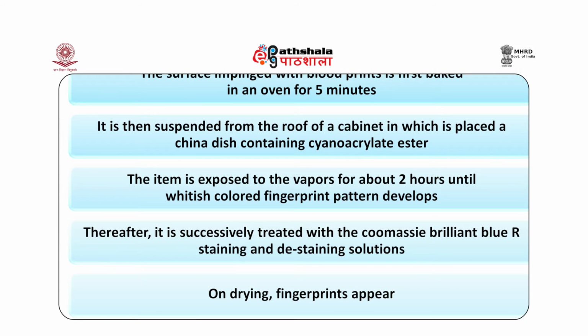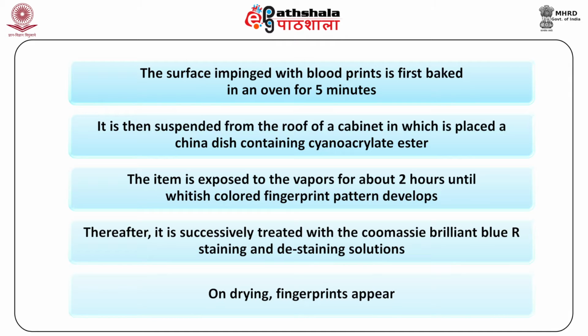The surface impinged with blood prints is first baked in an oven for 5 minutes. It is then suspended from the roof of a cabinet in which is placed a china dish containing cyanoacrylate ester.